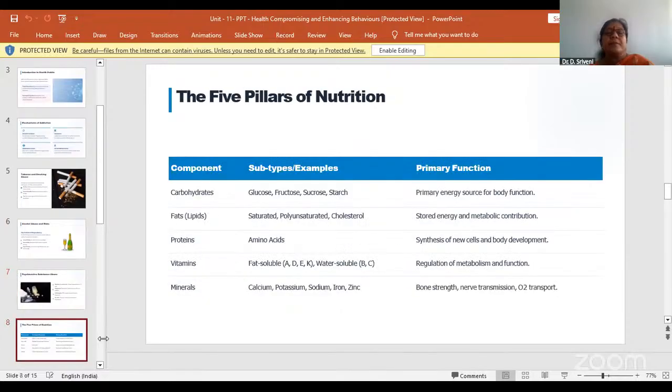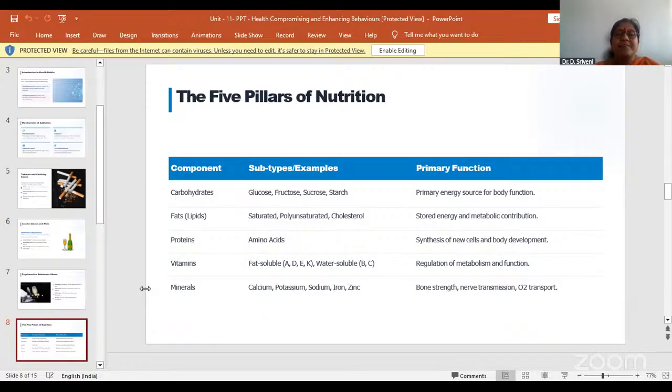Poor nutrition means consuming a diet high in processed sugars, saturated fats, and sodium while lacking essential nutrients. This acts as a metabolic stressor that can lead to obesity and cardiovascular diseases.